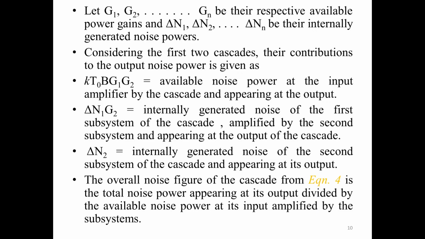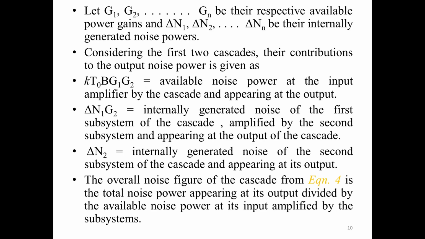Now, let G1, G2 up to Gn be their respective available power gains, and delta N1, delta N2 up to delta Nn be their internally generated noise powers. Considering the first two cascades, their contributions to the output noise power is given as KT naught B G1 G2, which is equal to the available noise power at the input amplified by the cascade and appearing at the output.